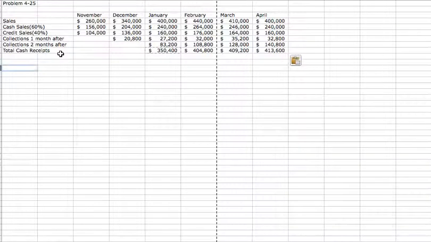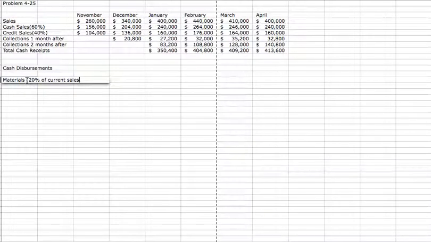So the materials again are the equivalent to 20% of current sales, because we're buying them in the previous month but then paying for them in the current month.